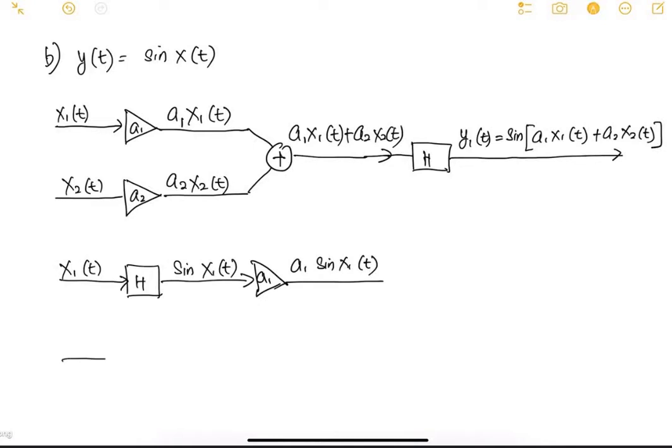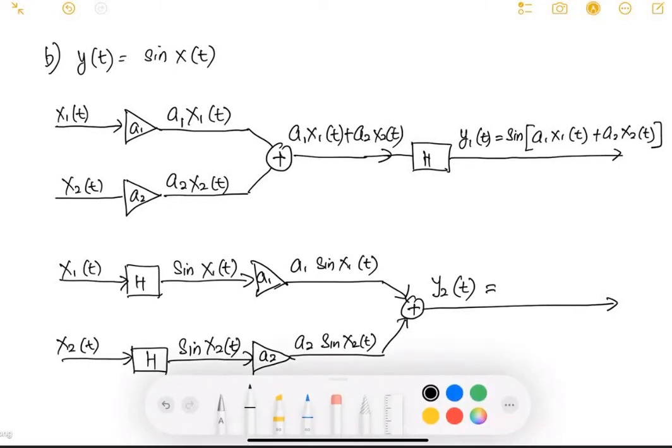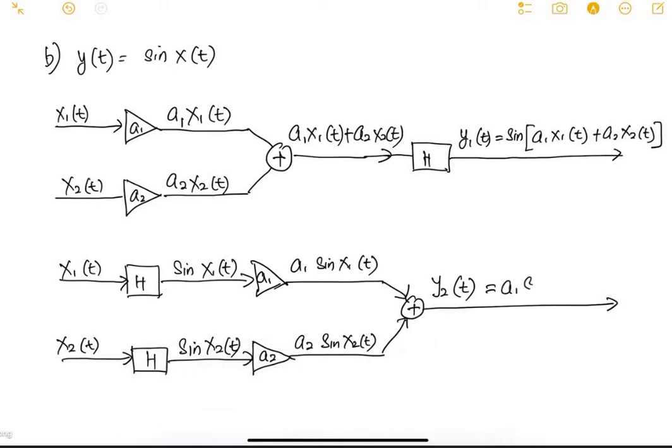Another input x2(t) goes into the system H to get sin x2(t), then into a2 to produce a2 sin x2(t). Both signals are summed up to get the output y2(t), which equals a1 sin x1(t) plus a2 sin x2(t).